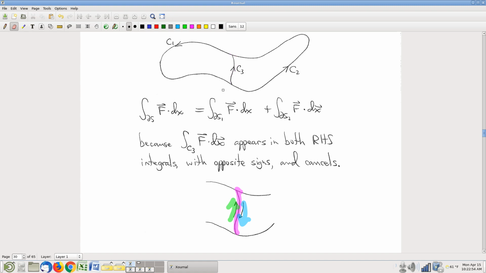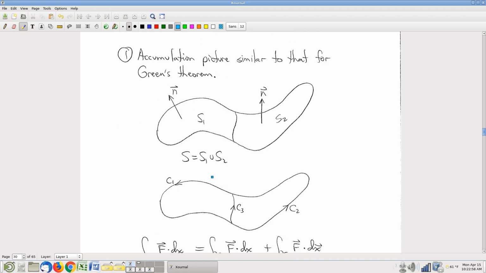Yes? I just want to make sure I'm not confusing two topics. Is Stokes a continuation of Green's in R3? It's a different theorem. I like to think of them as different theorems. There are a lot of analogies between them. They're both looking at two-dimensional things. In R2, we think of it just as a region. In R3, we think of it as a surface. In both cases, there are boundary curves.